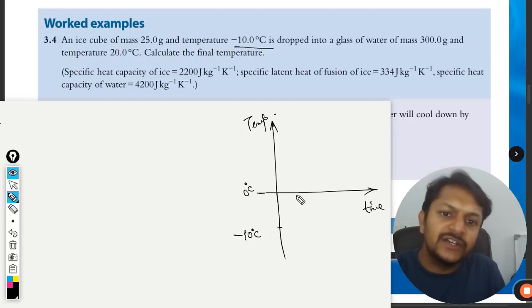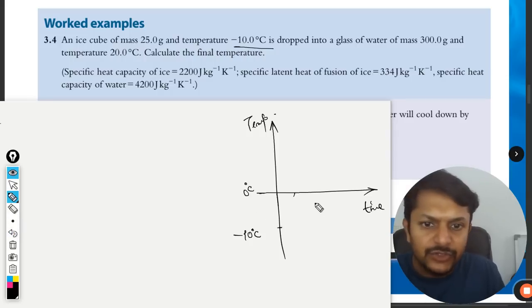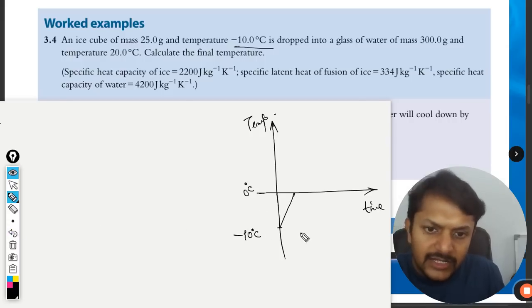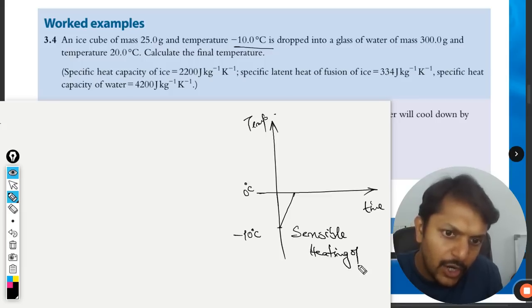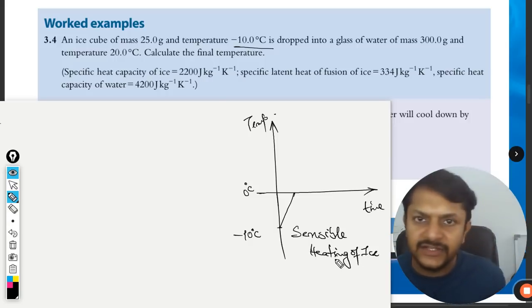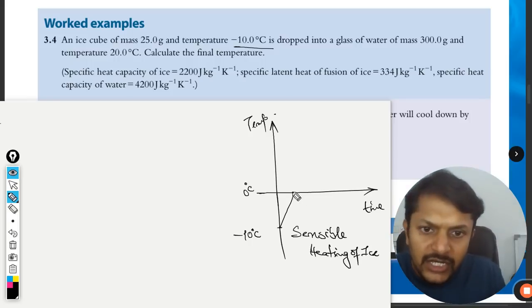So ice will first increase its temperature and it will become 0 degree. This is called sensible heating of ice. Sensible heating of ice because temperature is increasing. We are giving heat to it and there is a corresponding increase in temperature.